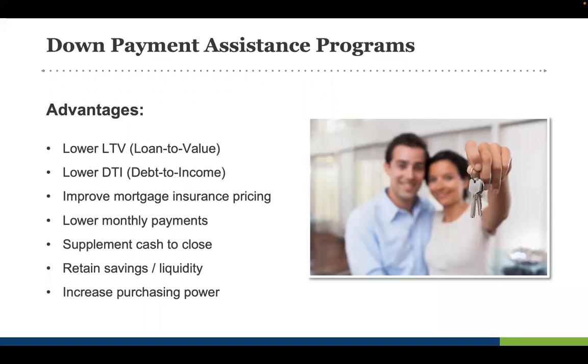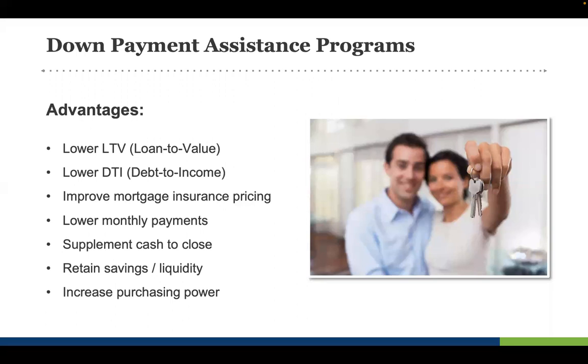Now you're looking at conventional financing instead of FHA. You don't have the upfront mortgage insurance on conventional loans, and you have reduced monthly mortgage insurance. So all of this again compounds that monthly payment reduction, which further reduces qualifying ratios.